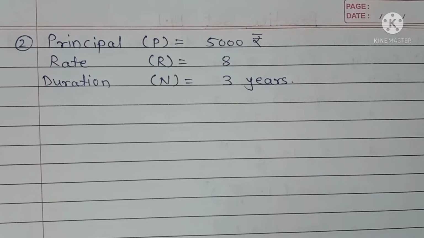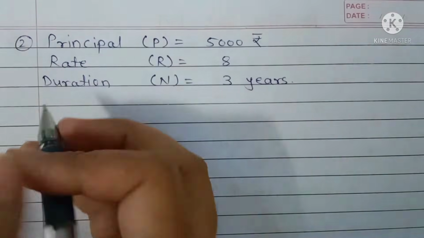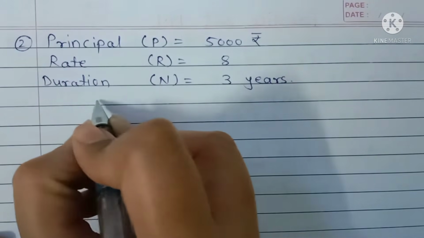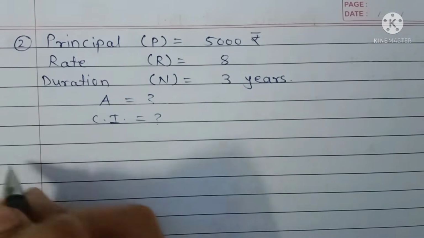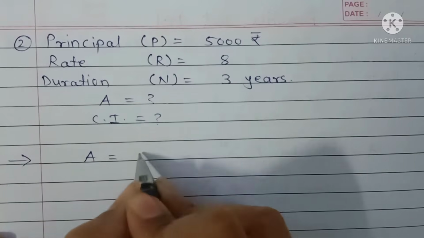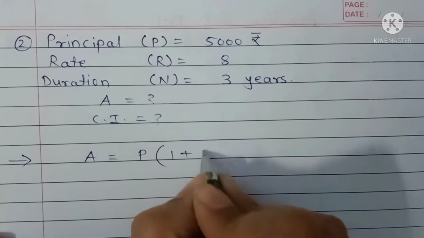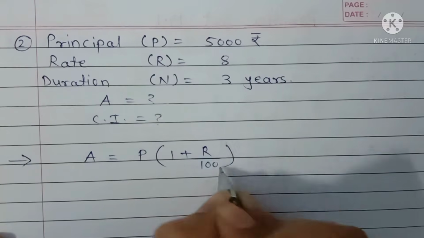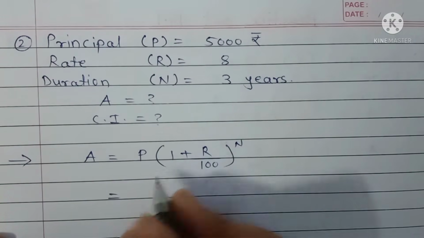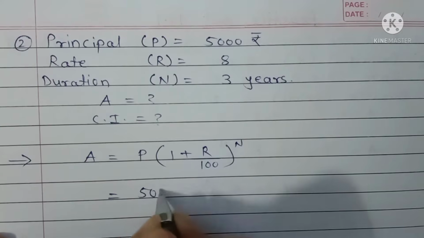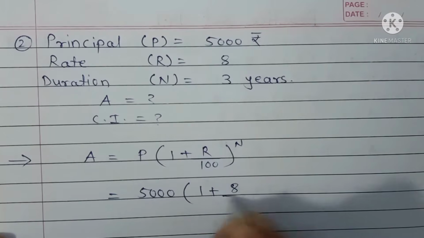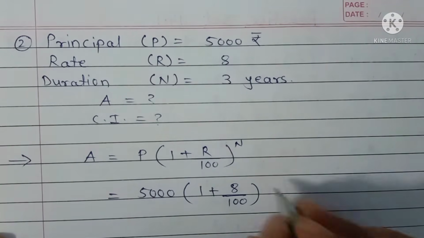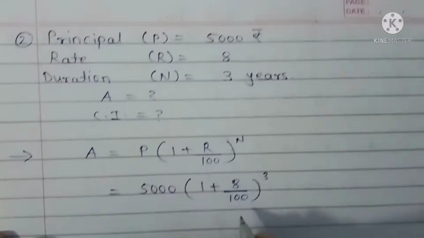Second question. In second question, P is given 5000, R is given 8 and N is given 3 years. Here also you can find out the amount and compound interest. Same formula of amount: amount is equal to P into bracket 1 plus R upon 100 bracket raised to N. P is 5000 into bracket 1 plus R means 8 upon 100 bracket raised to N means 3.